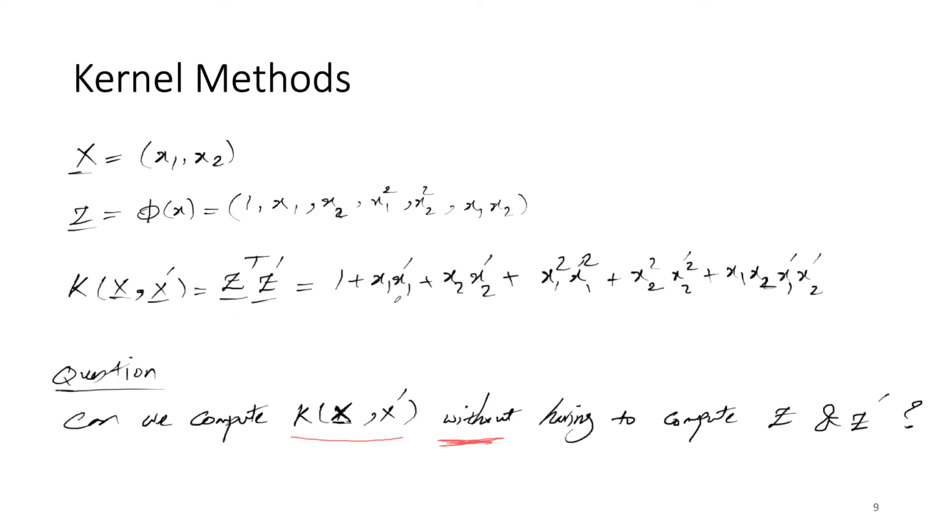So we would like to have this, right? So can we compute this without the need to compute both the Z transpose and Z prime?